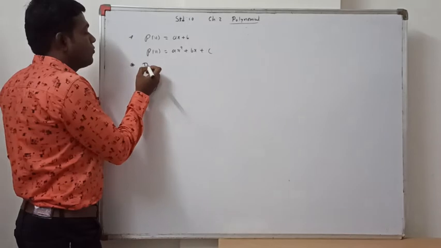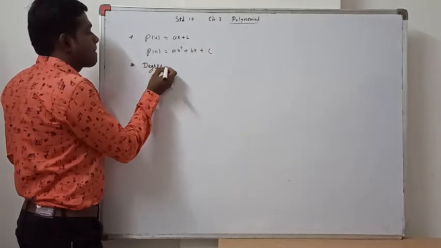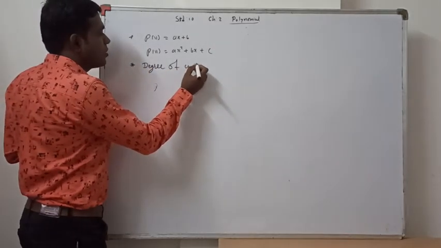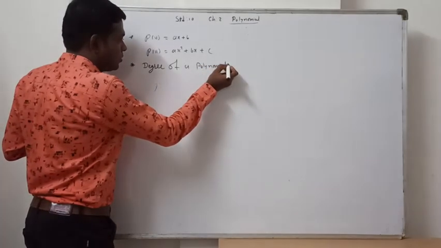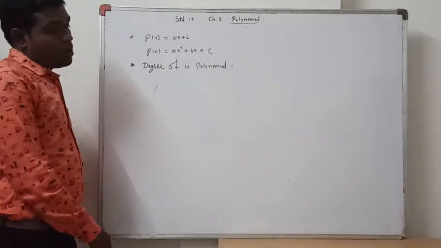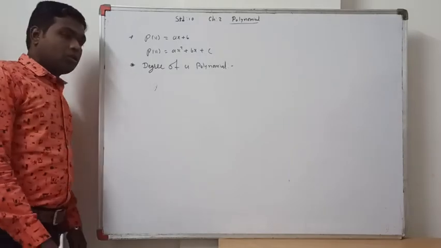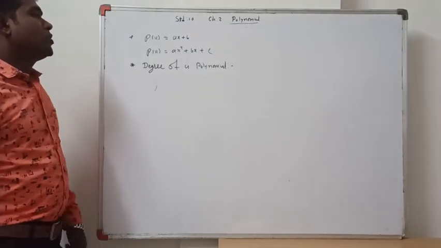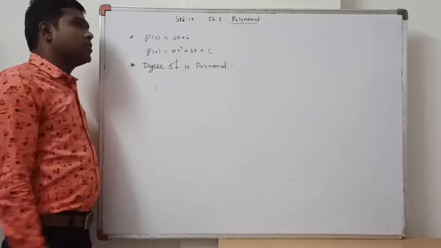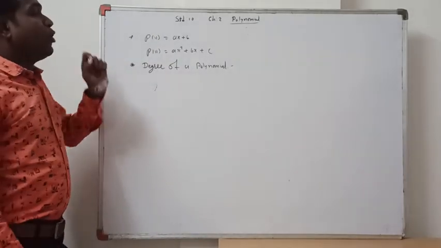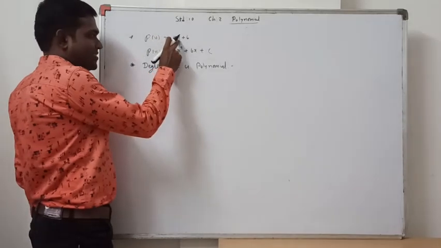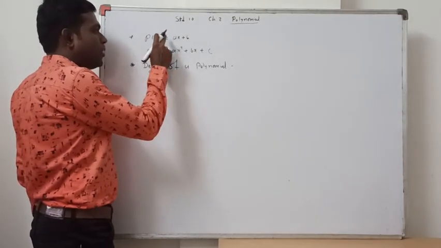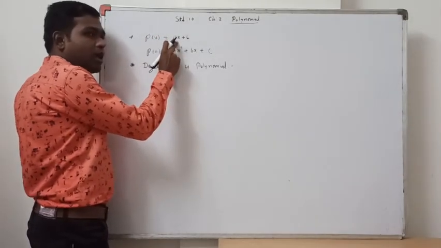Now first we understand the degree of a polynomial. The degree of a polynomial means what? Suppose we are having a polynomial, given in the form of x.